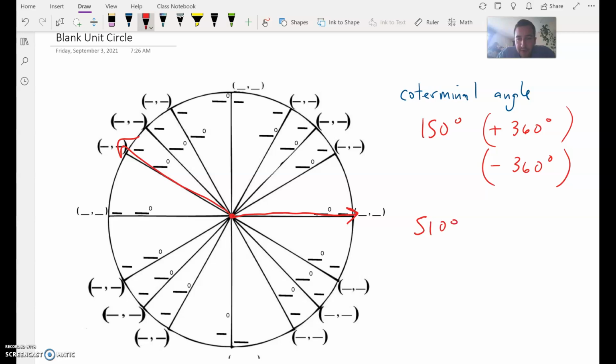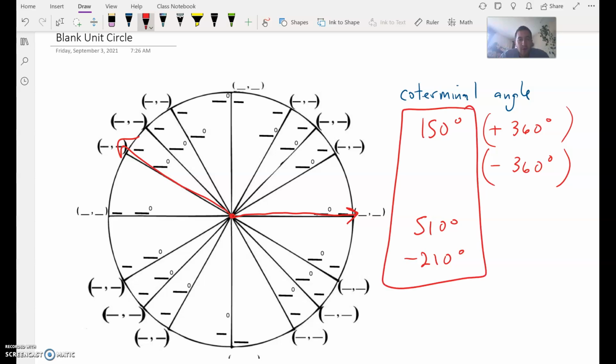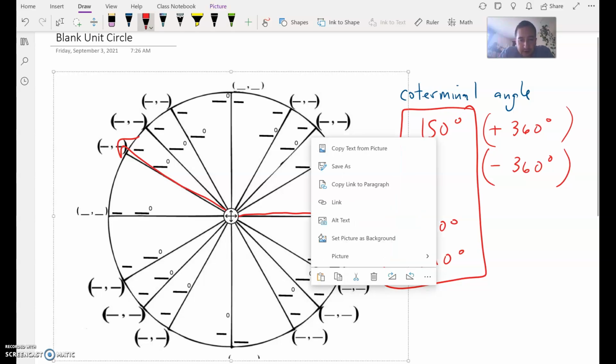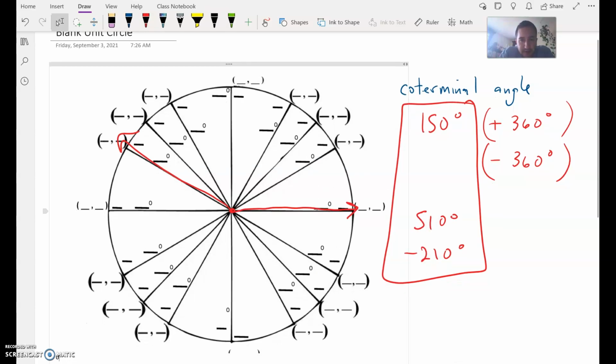And if we subtracted 360, we would get the negative angle of negative 210 degrees. And all 3 of these angles right here would look just like the one drawn. The only distinguisher would be if I drew the direction. So that would be a 150. Let's draw a negative 210. That'd be that one. That'd be negative 210. And let's draw a 510. That would be a full spin plus more. So coterminal angles, you add or subtract 360.